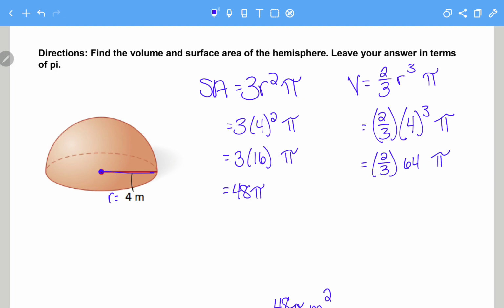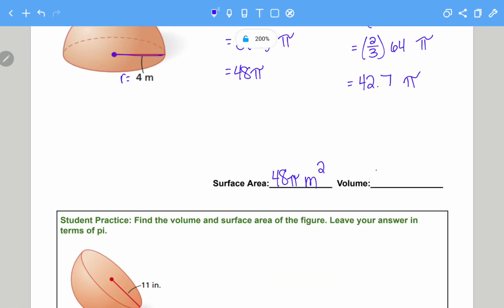Okay. 64 times 2/3 is going to give us a decimal, and it's going to be 42.6 repeating, so I'm going to do that 42.7, and I'm still going to keep that pi for my volume. 42.7 pi. Again, my unit was meters, and it's volume, so we're going to do cubed.